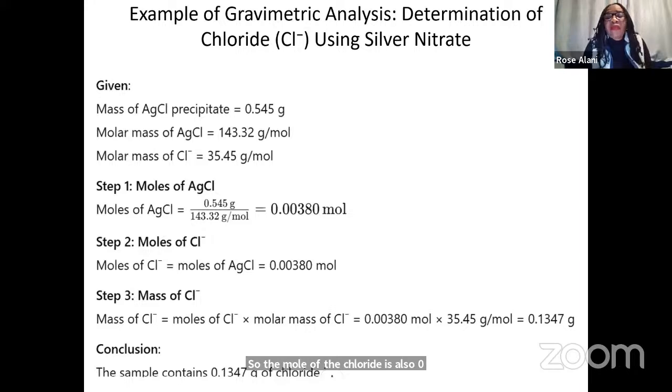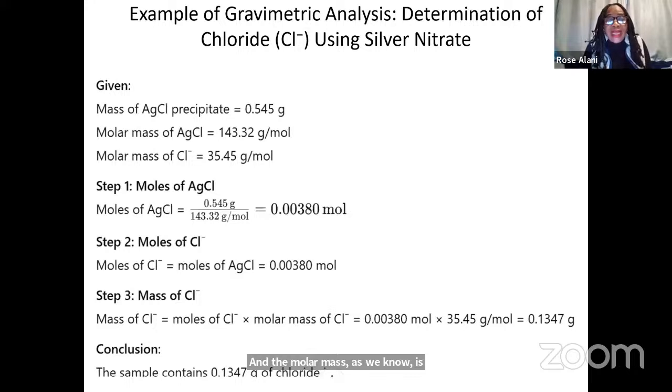Step 3 is to find the mass of the chloride. That's what we're looking for now. From the definition that we all know, mass is moles times molar mass. The number of moles of chloride, as we have calculated, is 0.00380 moles, and the molar mass is 35.45 grams per mole.